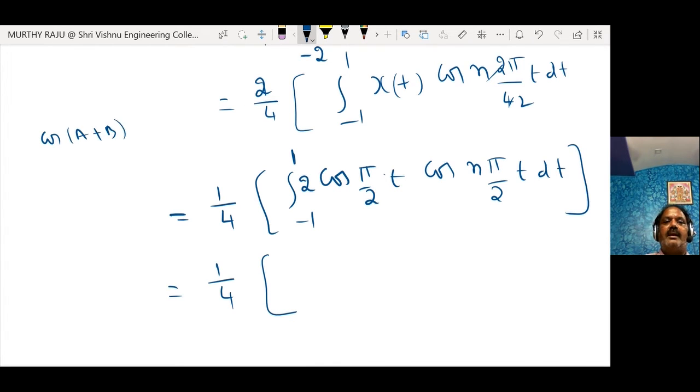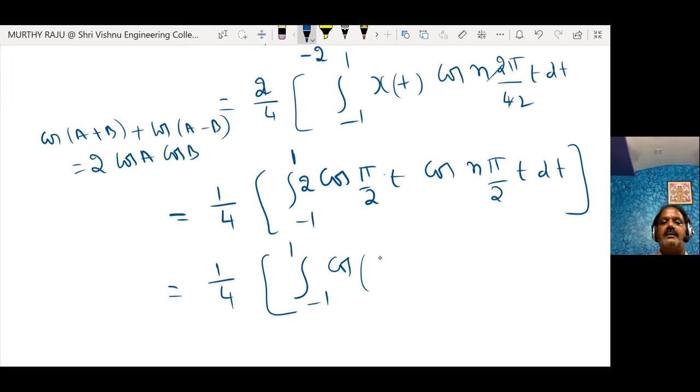Cos a plus b plus cos a minus b is equal to 2 cos a cos b. By using this formula, 2 cos a cos b, integral minus 1 to 1, cos a plus b, cos pi by 2 t plus n pi by 2 t.